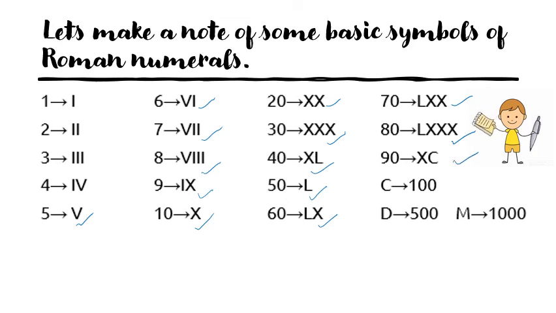To write 90, we subtract 10 from 100, which equals to 90. So we write XC. 100 has its own symbol as C, 500 has its own symbol D in Roman number, and 1000 is represented by M. So children, using this chart, you will be able to write Roman numbers very easily.